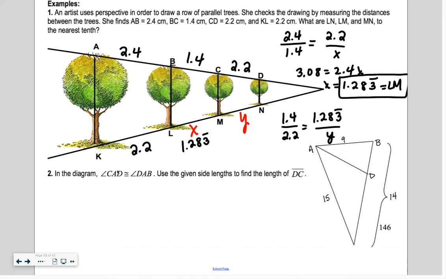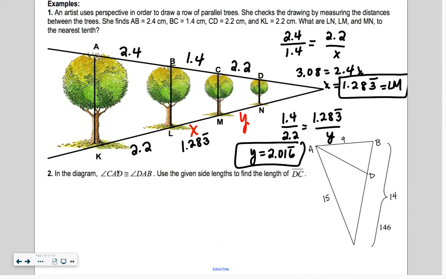Just make sure if you found this answer on your calculator, keep it on your calculator. So we have 1.283 repeating times 2.2, and we divide by 1.4. And so we end up getting y is equal to 2.016 repeating. And that's y. Does it make sense?